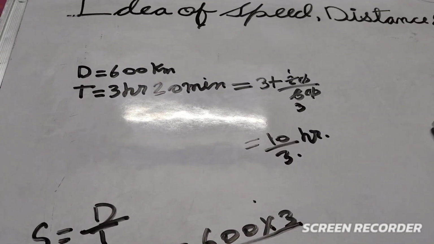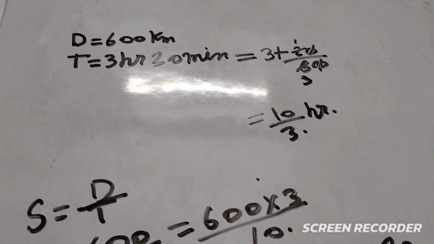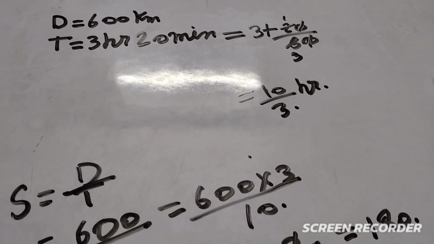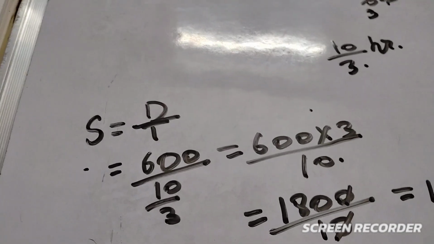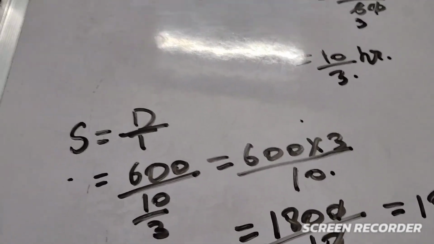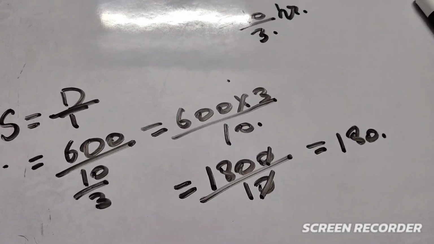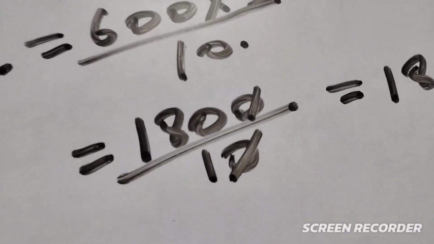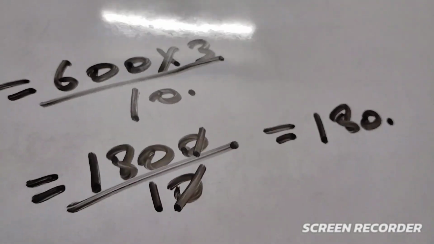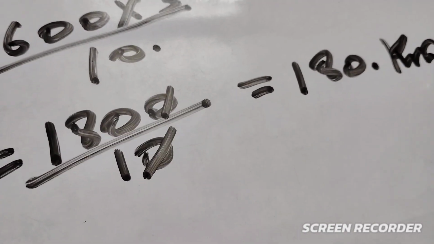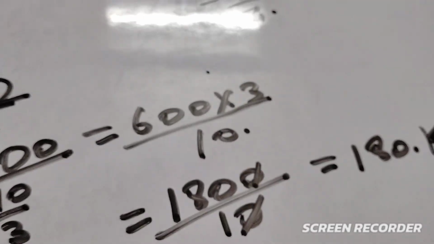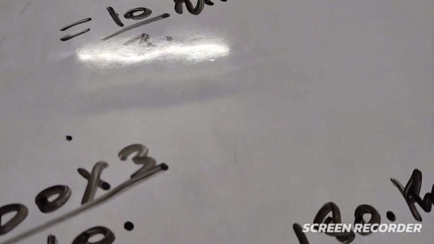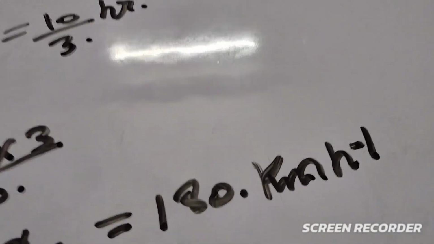Distance is equal to 600 kilometer and time is equal to 3 hour 20 minutes, which we have converted, and the answer is 10 upon 3. Then the speed and everything, yes, everything is correct. So the answer here is kilometer per hour. The question is to find its speed in meter per second.